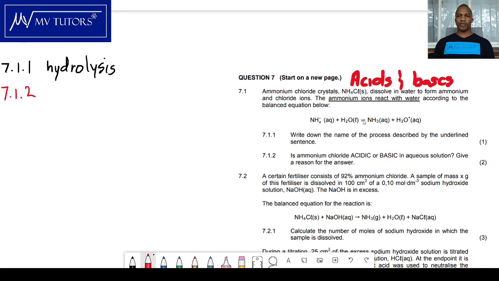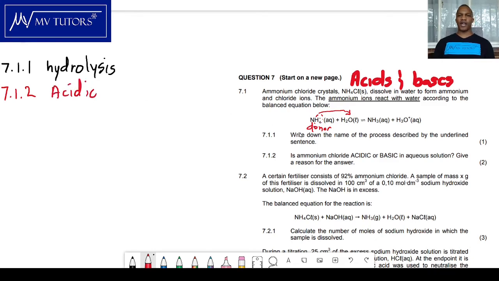NH4 becomes NH3, but H2O becomes H3O. So basically it's like we took one H from here and you donated it to there so that it becomes H3O. So because this is the donor, that means the ammonium chloride is acidic.